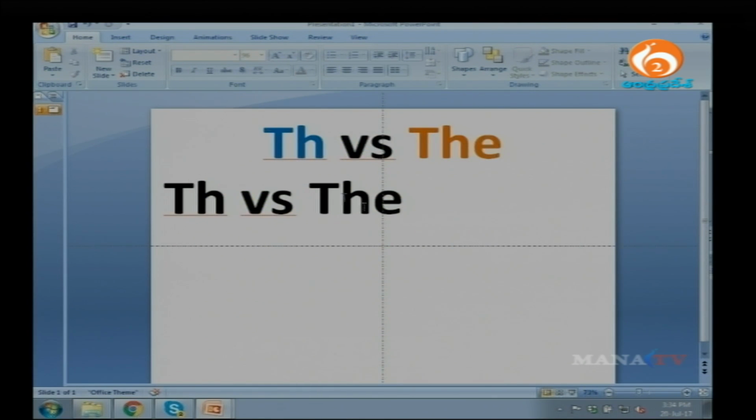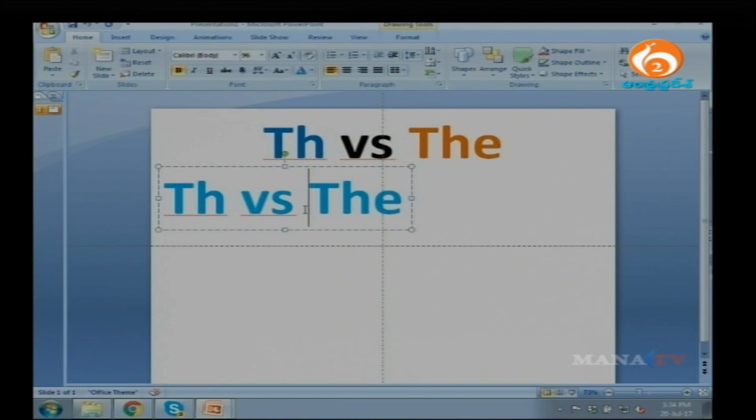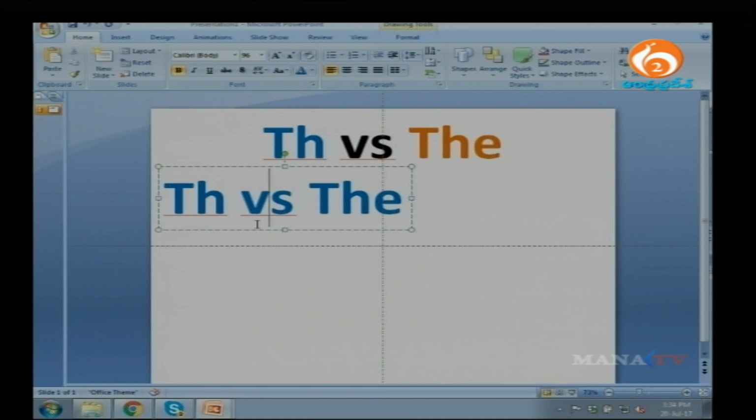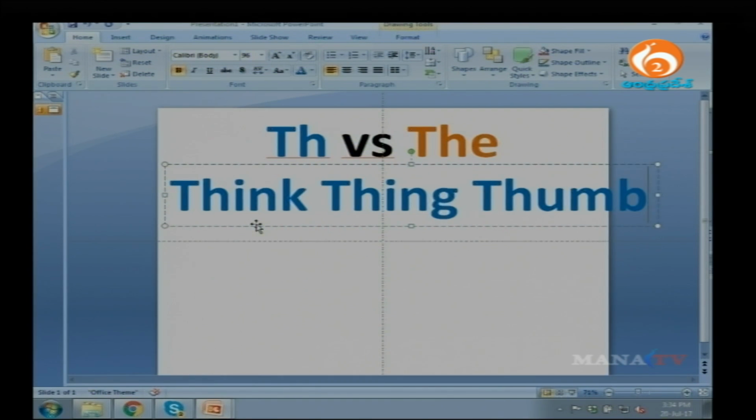Okay. So, every word that I am going to write in blue font will have the function of th. For example, think, thing, thumb.